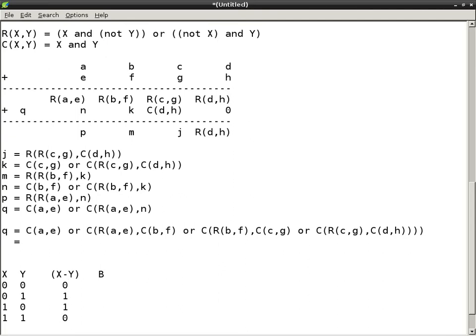That looks vaguely familiar. What about the borrow flag? 0 minus 0, does it generate a borrow from the next digit? No. 0 minus 1? Yes. 1 minus 0? No. 1 minus 1? No. So the only time we have an actual borrow is this row here when we subtract a 1 from a 0.